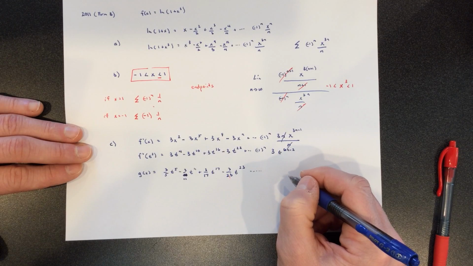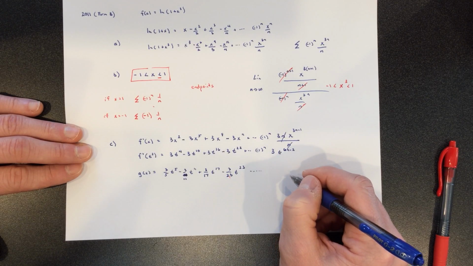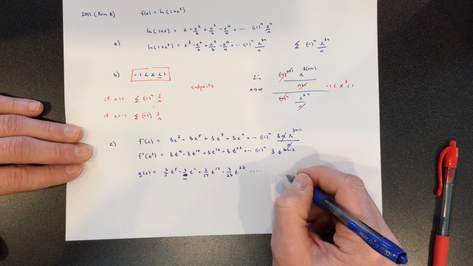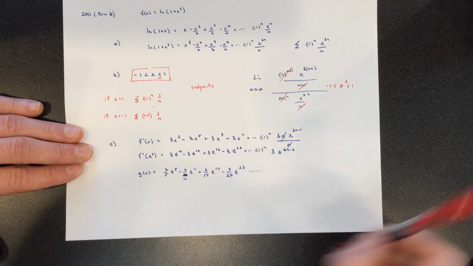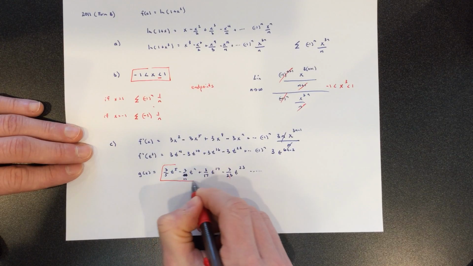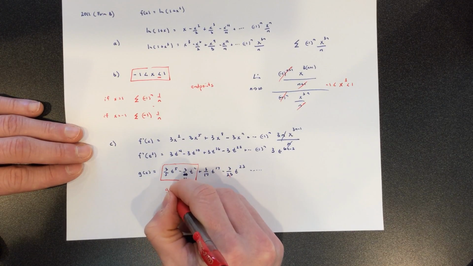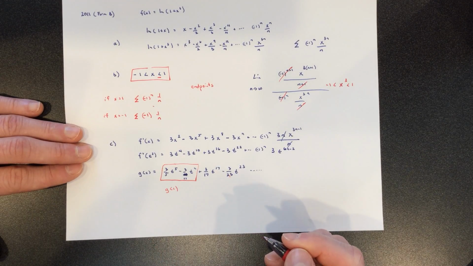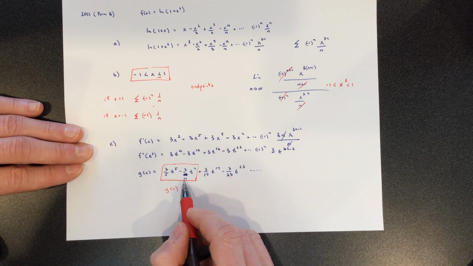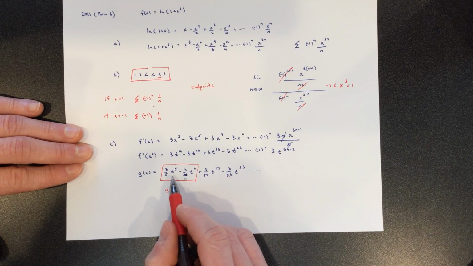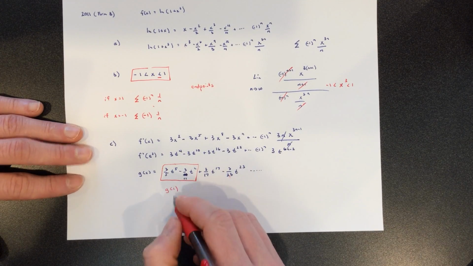Do I actually need to do that? No. All it says is use the first two non-zero terms of g. Okay, so those are the first two non-zero terms of g to approximate g of 1. Okay, so then if I use those two terms of g of 1, I put 1 in for t, then I get 3/5 minus 3/11.